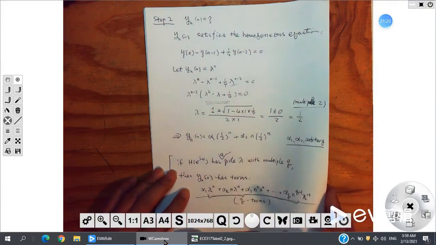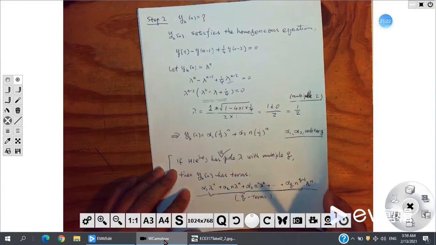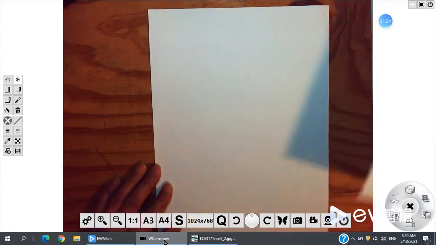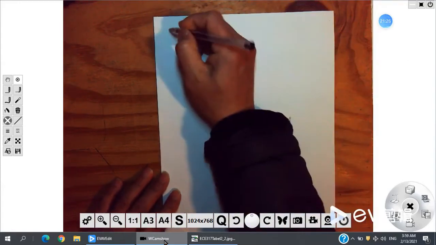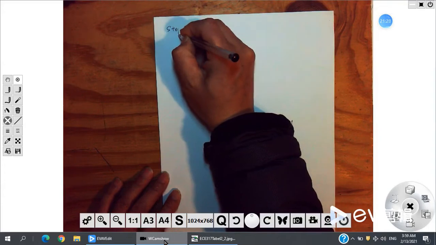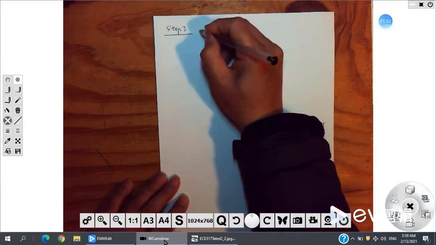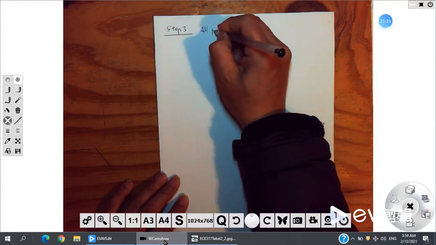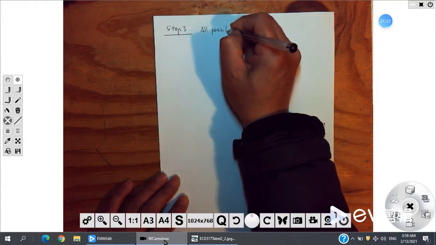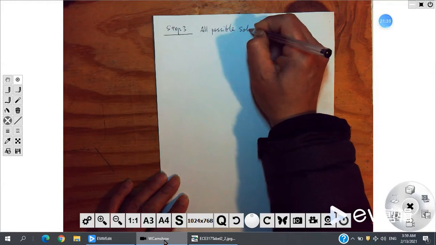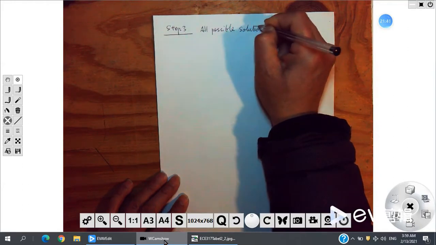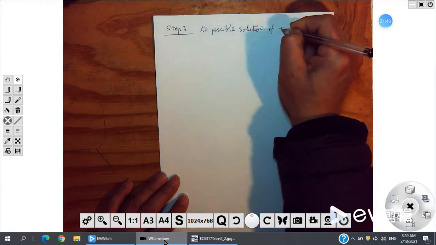Okay. Then we can have our step 3. Step 3, all the possible solutions of the equation.